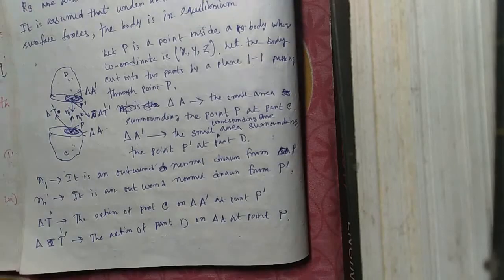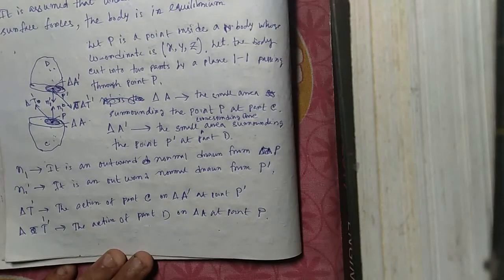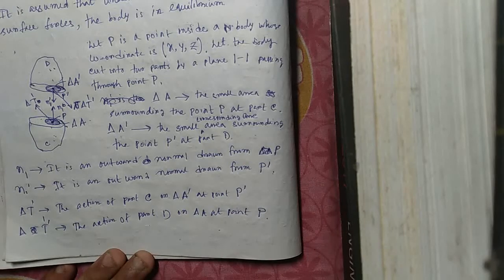Here we can see that delta A is the small area surrounding the point P at part C. Delta A dash is the small corresponding area surrounding the point P dash at part D. N1 is an outward normal drawn from P. N1 dash is an outward normal drawn from P dash.